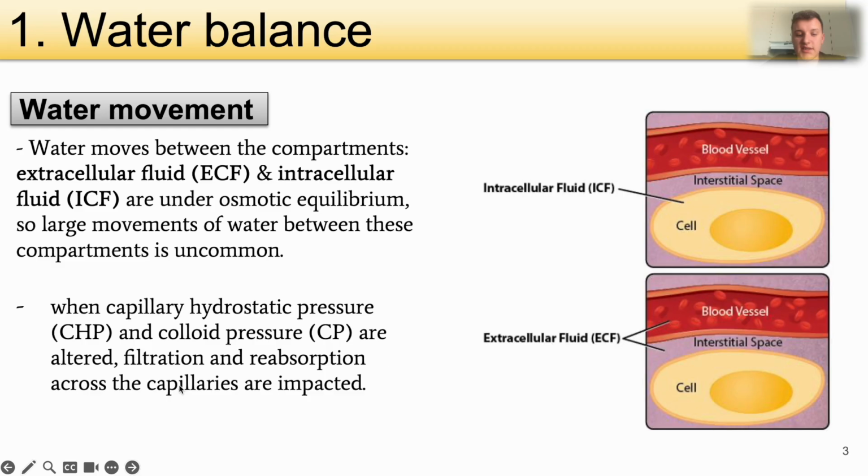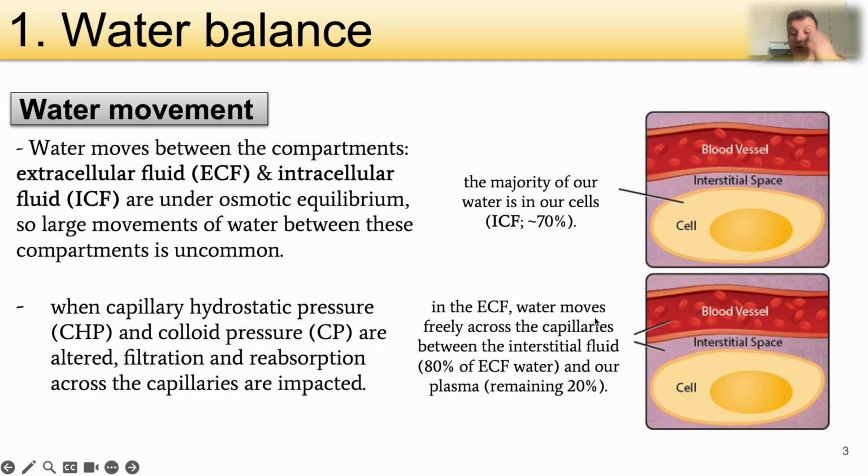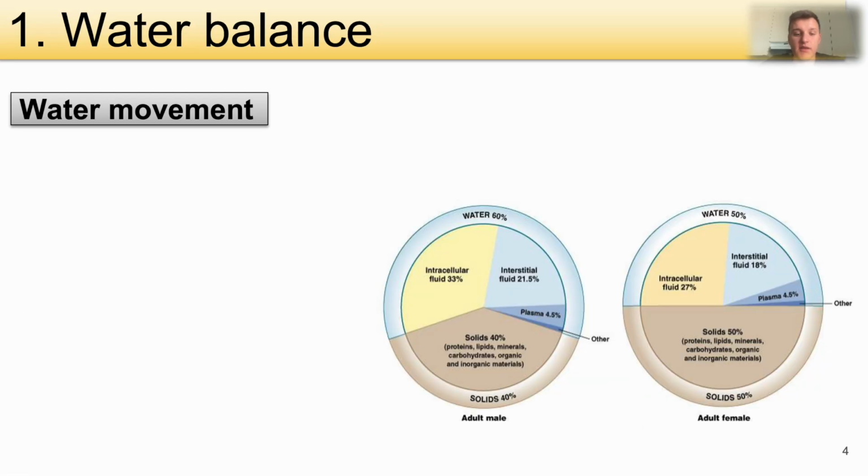So filtration and reabsorption of fluids are impacted by these two pressures. The majority of our water is in our cells, 70% is ICF. In the ECF, water moves freely across the capillaries between the interstitial fluid, about 80% of the ECF, and our plasma, about 20% of the ECF.